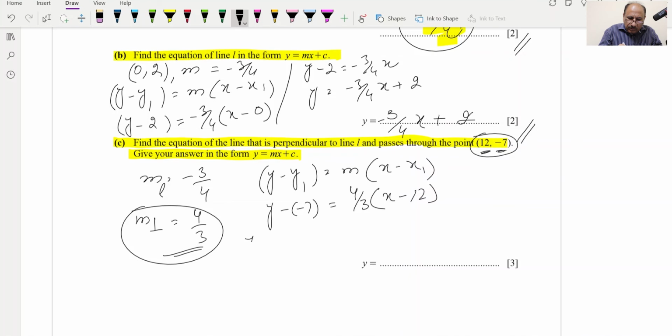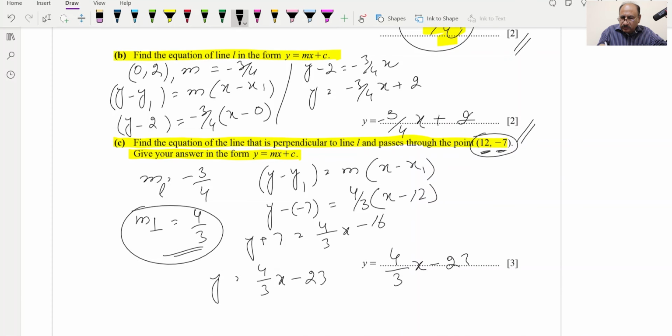Opening the brackets, we'll get y plus 7 is equal to 4 by 3x minus 12 into 4 by 3 will be 16. And next we can shift 7 also to other side, so y is equal to 4 by 3x, and minus 16 minus 7 will be minus 23. So our final equation will be y is equal to 4 over 3x minus 23.